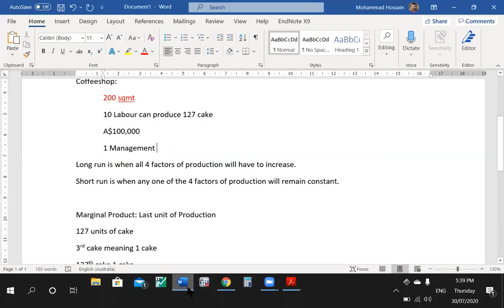Let's say you have invested $100,000 in your business. This $100,000 was in a bank account, and you were receiving interest of, let's say, $2,500 every year.